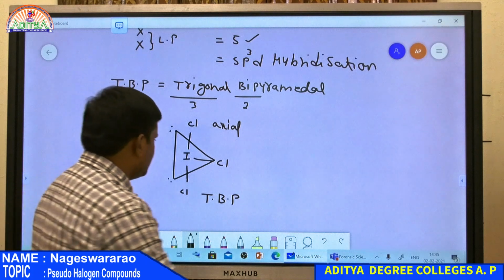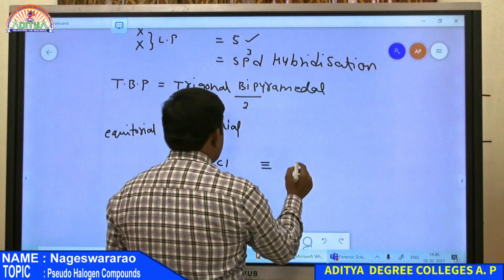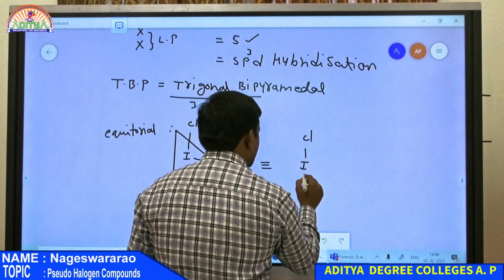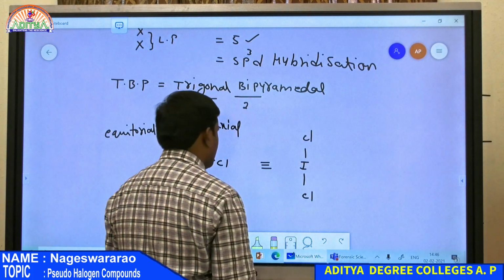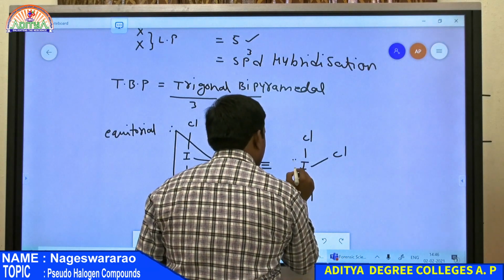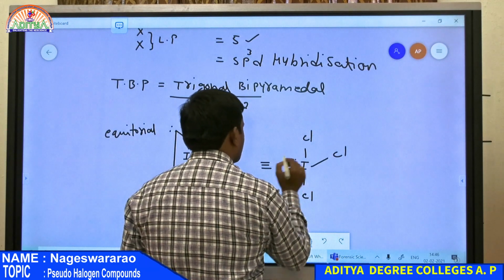TBP. Simply, this structure is similar to this: this is central iodine, and there is a chlorine atom above the plane, one more chlorine atom below the plane, and a third chlorine atom, and iodine has two lone pairs of electrons.